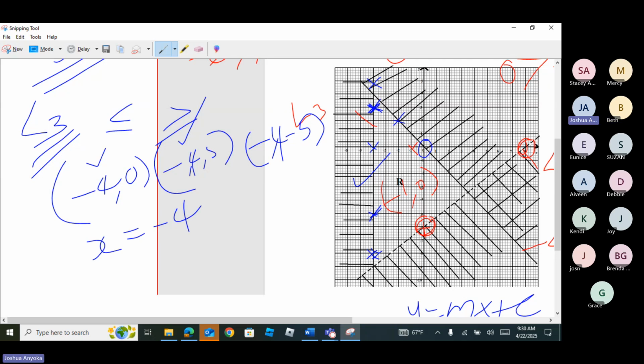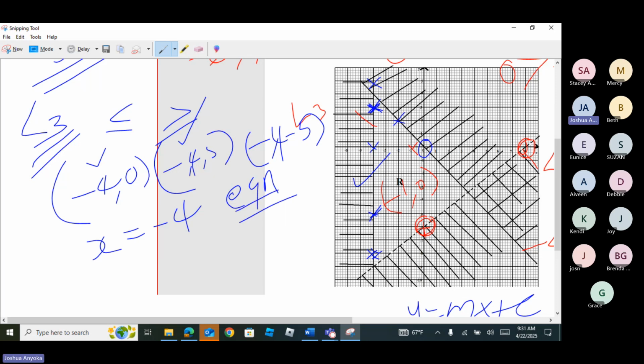Any point you take along that line, there must be a negative 4 something. What is changing is the y, but x is not changing. So it is the line x is equals to negative 4, a line perpendicular to the x-axis passing through negative 4. So this is our equation.